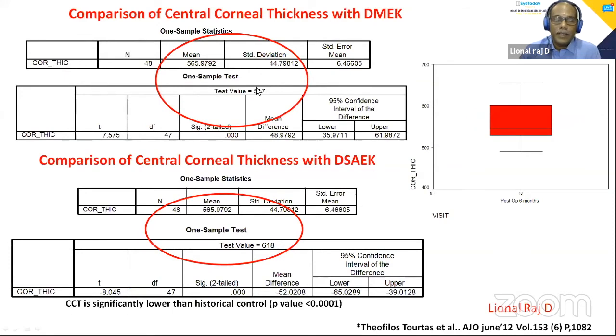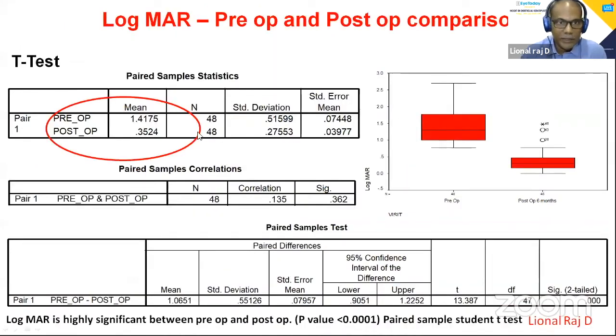So in our series, the central corneal thickness was 517 as compared to DMEC, and there is no difference between DMEC and PDEC in terms of central corneal thickness. The thicker the graft tissue, the lesser will be the quality of vision. I'll be showing in some other slides.